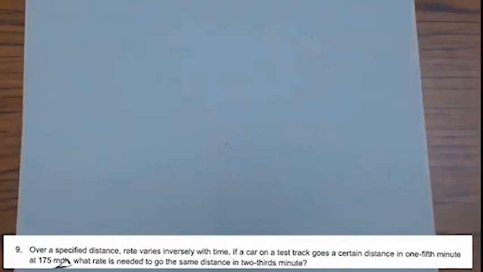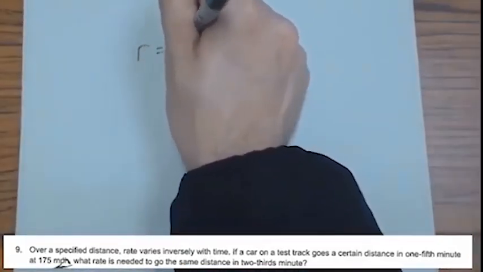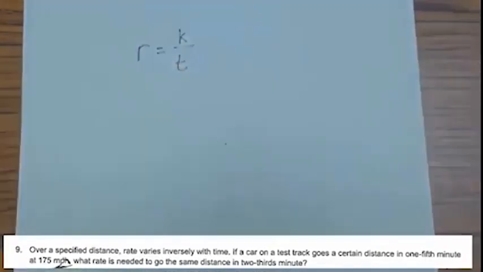Number 9. Over a specified distance, rate varies inversely with time. Let's get that part down. Rate varies inversely with time.